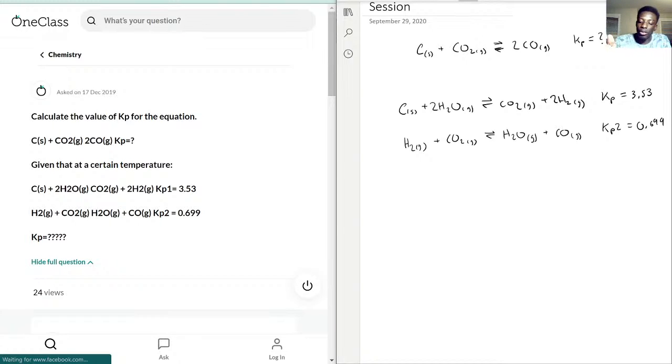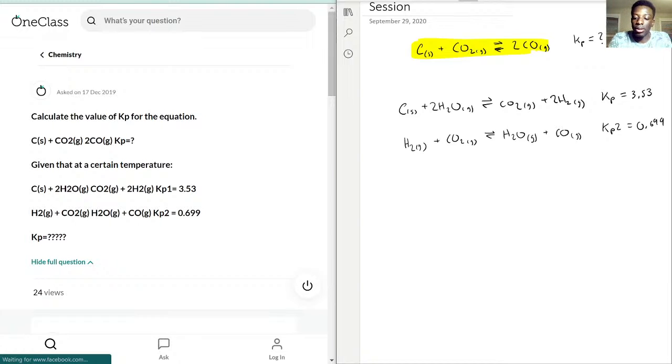So this one is kind of more reactant favored. So the way you solve for these questions actually is that you want to go through a process of multiplication, as in as you add equations, you're really multiplying their K values together. But first we need to actually get to this equation here from these two given.